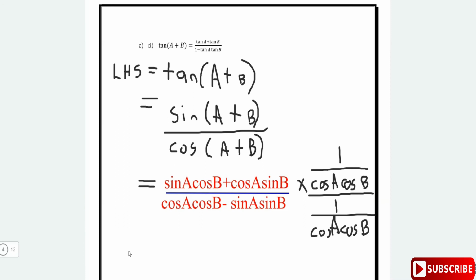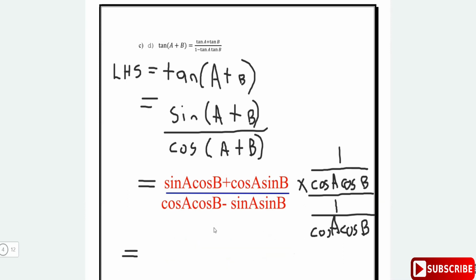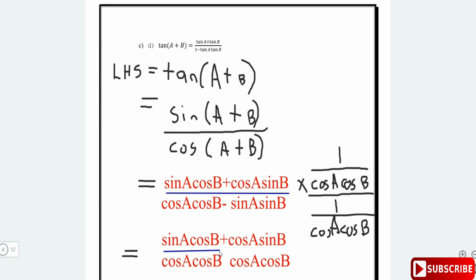We're dividing each term by cos A cos B. So it becomes sine A cos B plus cos A sine B, both divided by cos A cos B. This is the numerator division.